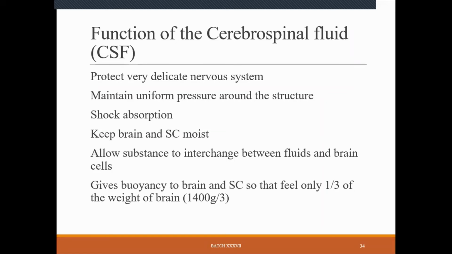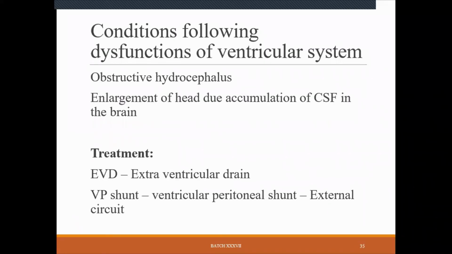And it gives buoyancy, as I said. It helps to reduce the feeling of weight of the brain and also the spinal cord.